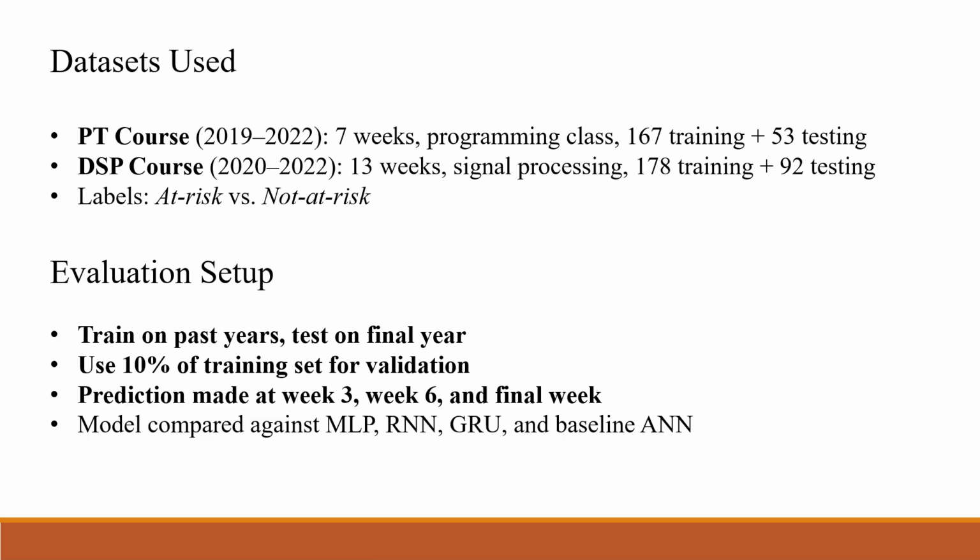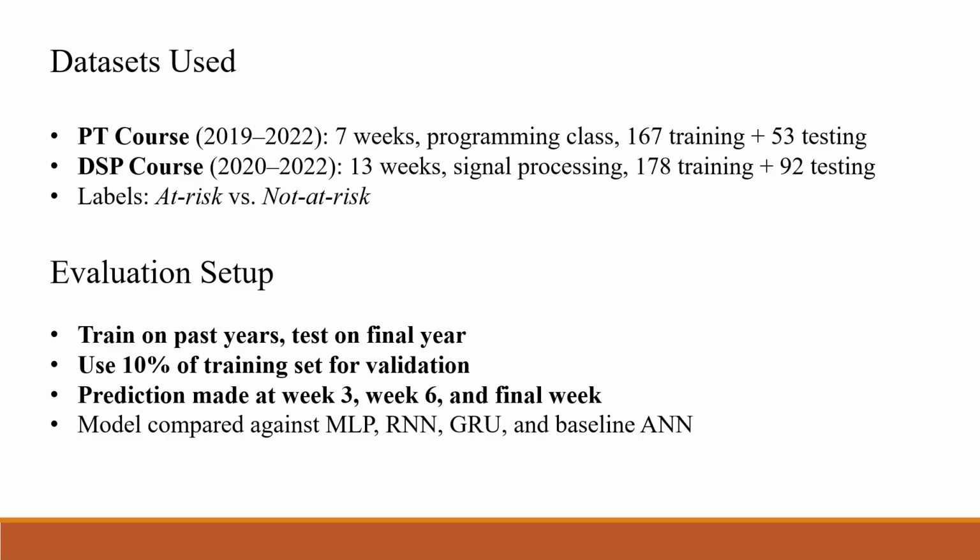This study uses data from two university courses, a 7-week programming course and a 13-week signal processing course, collected from 2019 to 2022. The prediction task is binary, at risk or not at risk.